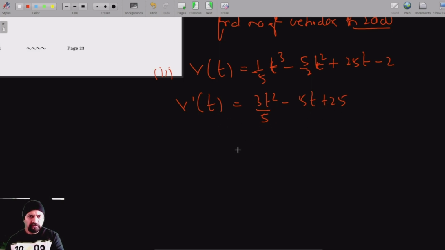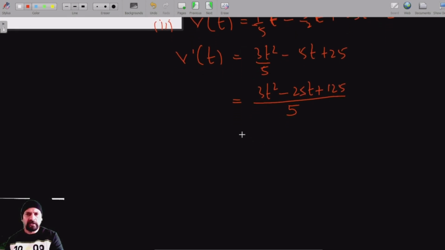We have to show that this is greater than 0, and for that let's take the LCM, 5. So this is (3t square minus 25t plus 125) over 5.